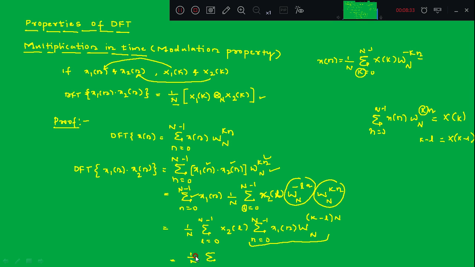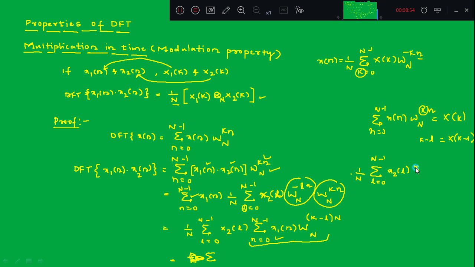so here I will write 1 divided by N, summation L is equal to 0 to n minus 1, x2 of L, and this part is what?